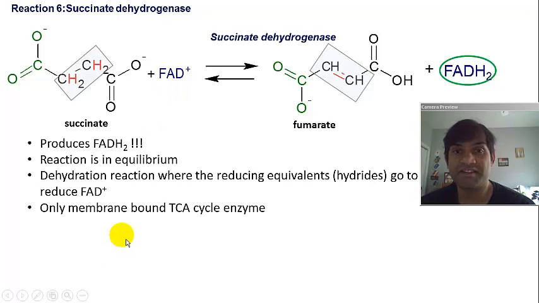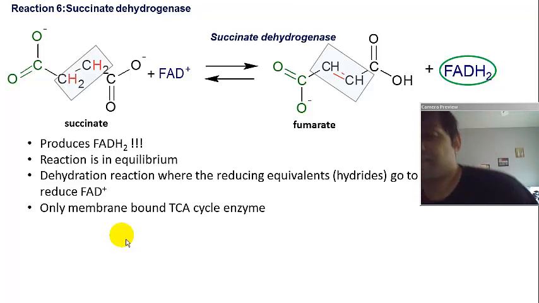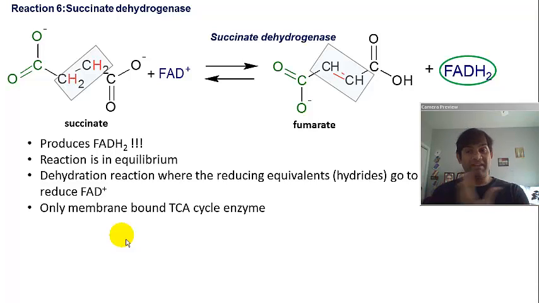Succinate dehydrogenase is important because it feeds right into the electron transport chain. It feeds into complex 2 of the electron transport chain and is the only TCA cycle enzyme that is actually membrane bound. The electron transport chain, which is really the next step in our sequence of studying metabolism as to what's going to happen to all these reducing equivalents, is a series of membrane complexes.